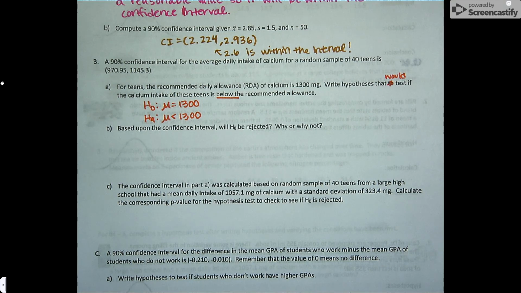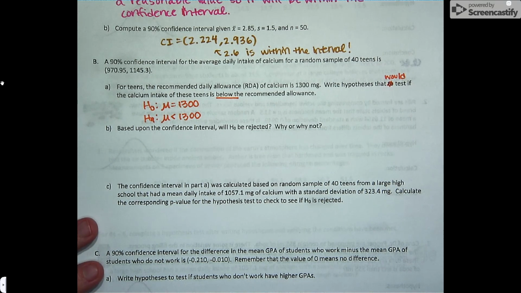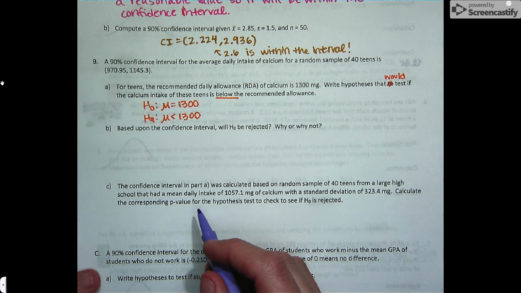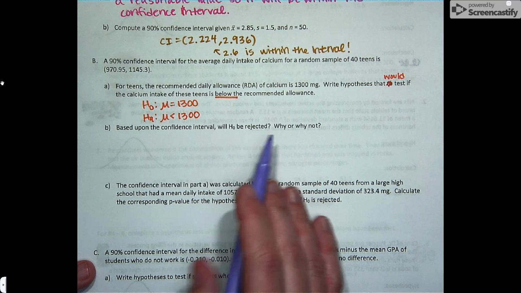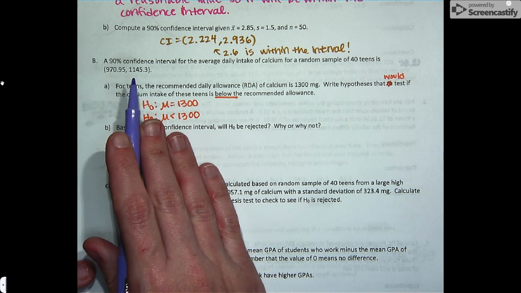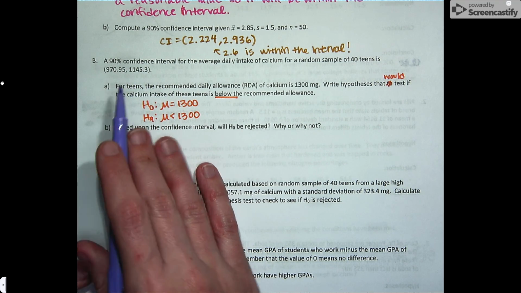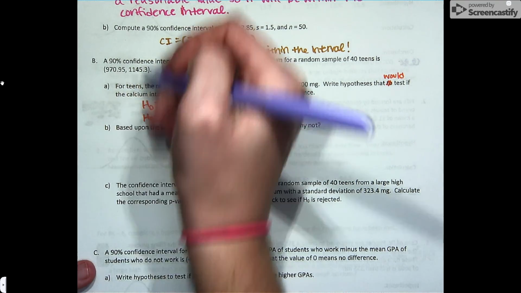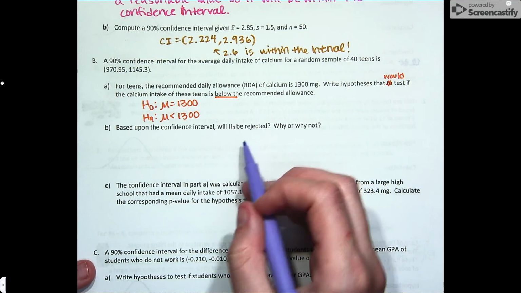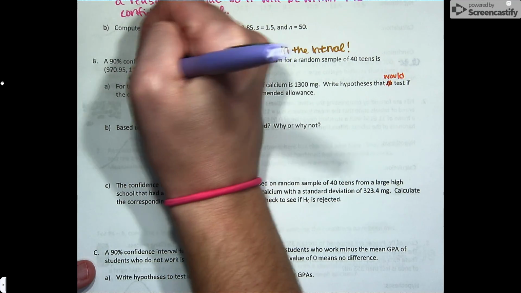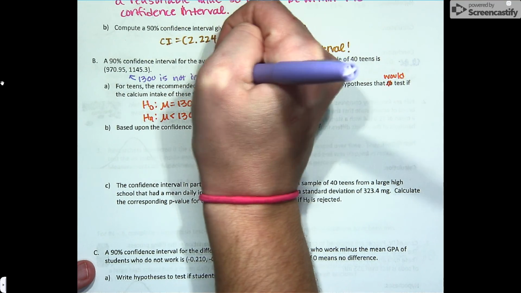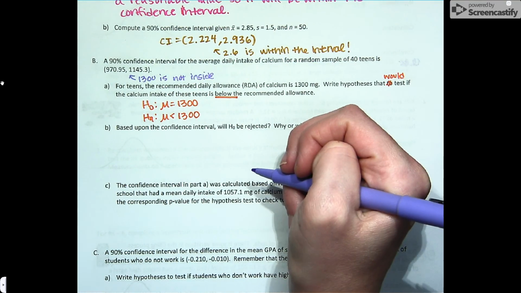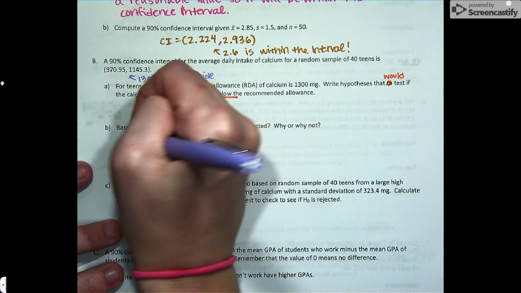So based upon the confidence interval, will the null hypothesis be rejected? We don't even have to do a full hypothesis test to figure this out because I have the confidence interval. Since I have the confidence interval of 970 to 1145 essentially, 1,300 is not within that. So I'll start putting this in words.